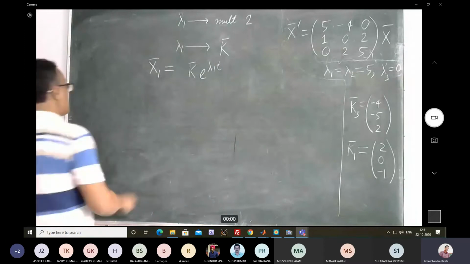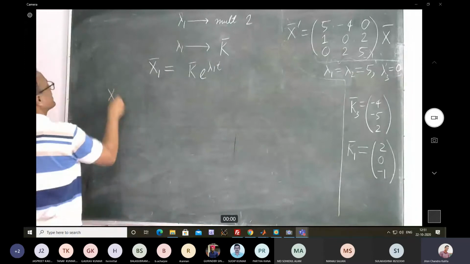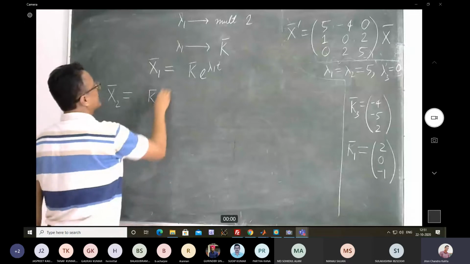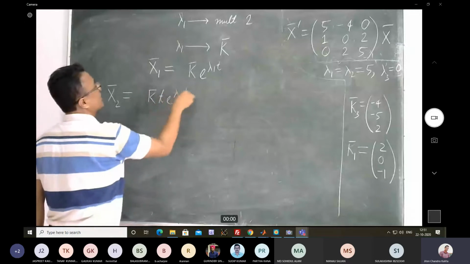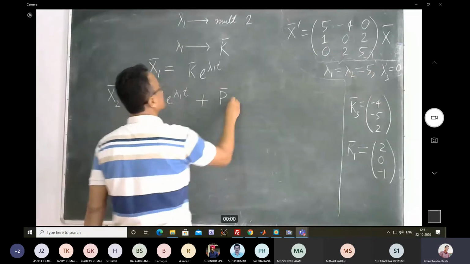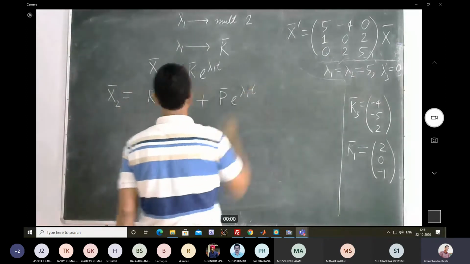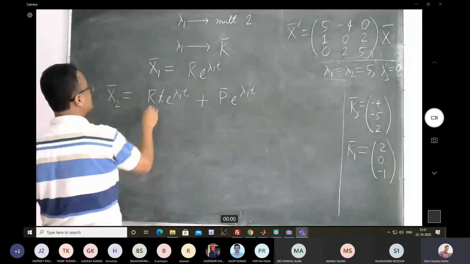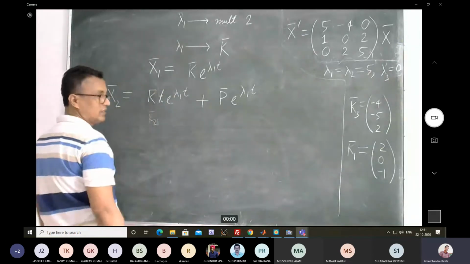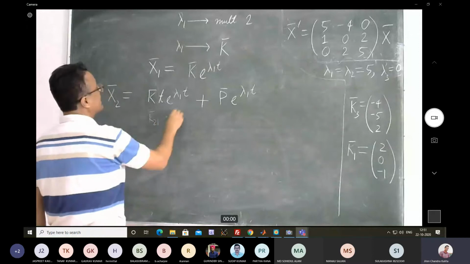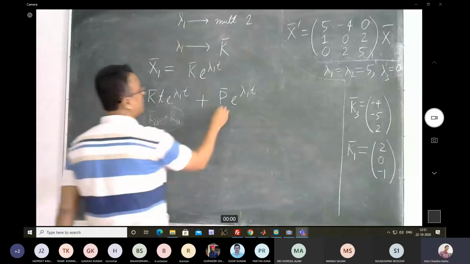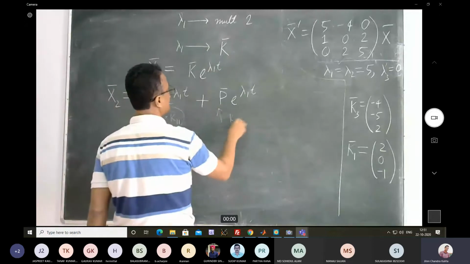Now let us assume that your x2 equals k t e to the power lambda 1 t, plus some p e to the power lambda 1 t. Basically this k is nothing but k21, which I have simply written as k11, and this p is nothing but k22.